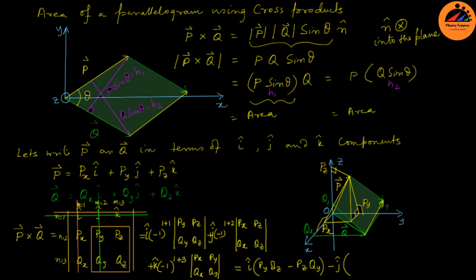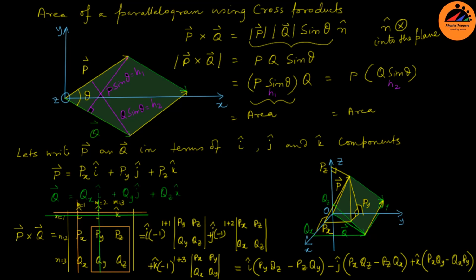You're taking the first principal diagonal, then the cross, means Px Qz minus Pz Qx, right? So plus k cap times Px Qy minus Qx Py. Okay, so this is how you find the cross product. This is the cross product of P and Q using determinants.